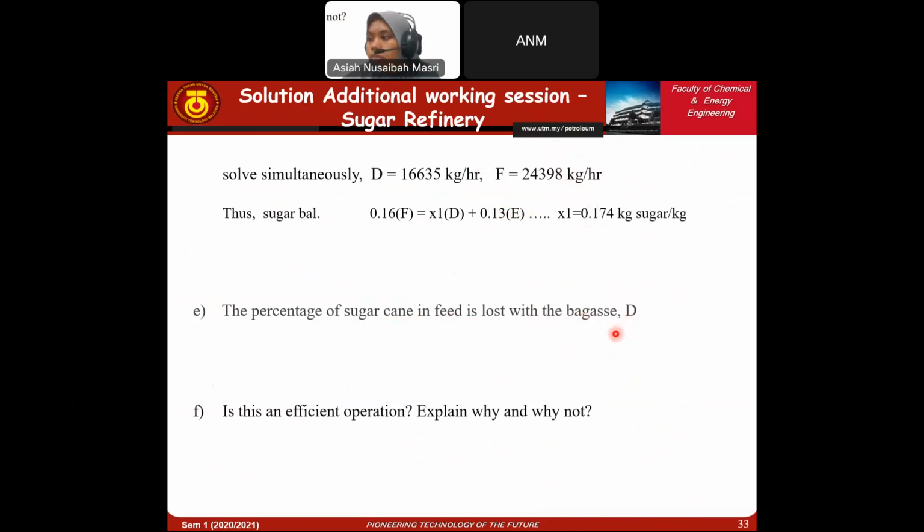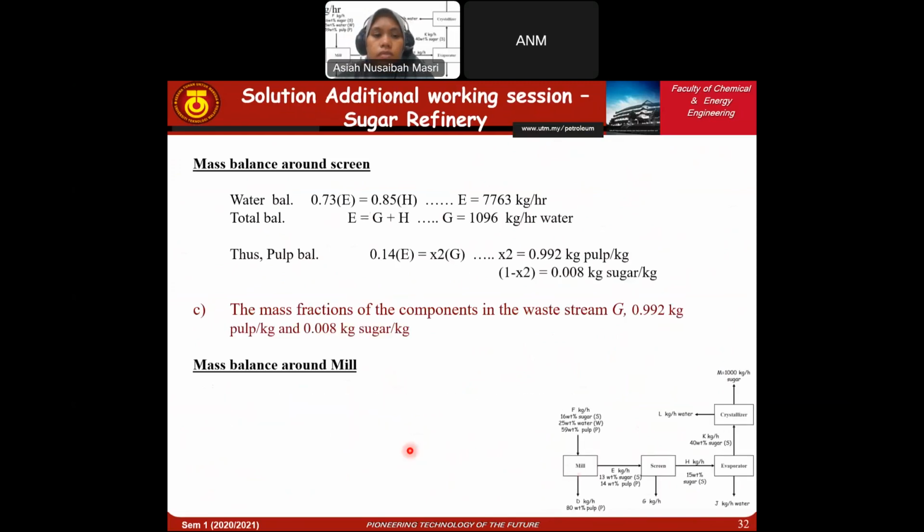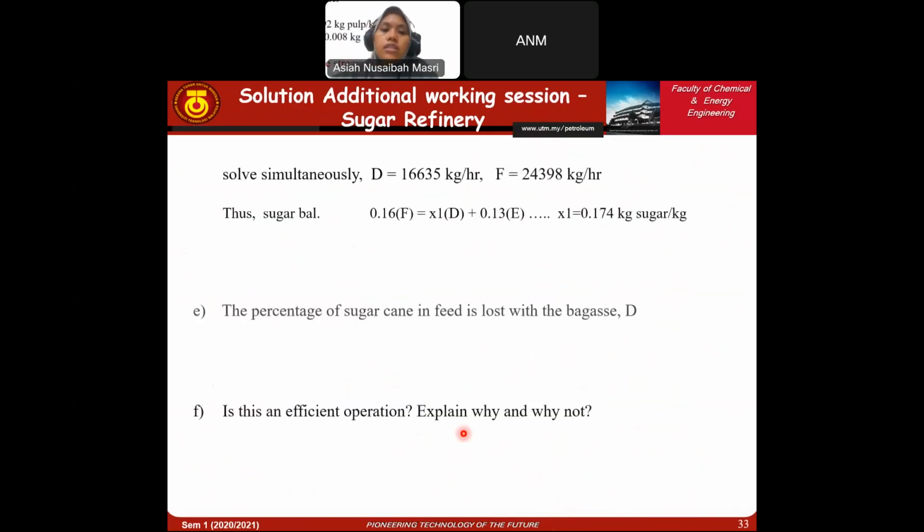Next question, the percentage of sugar in the cane feed that is lost with the bagasse. Here is the bagasse. So how much sugar is lost?